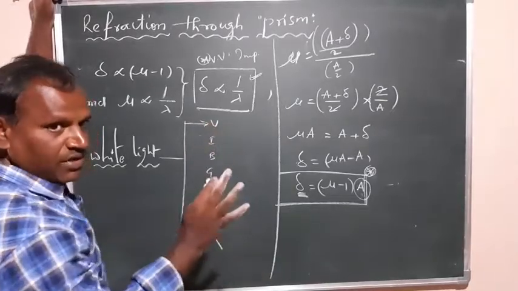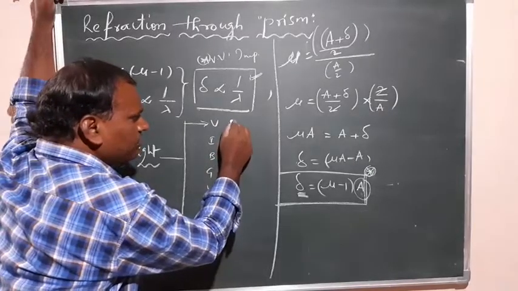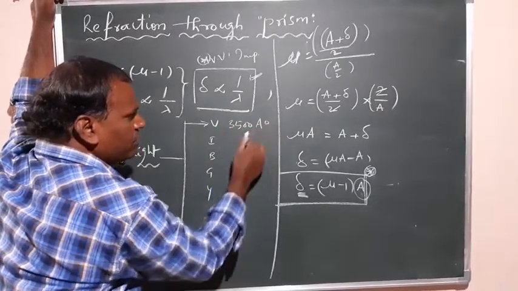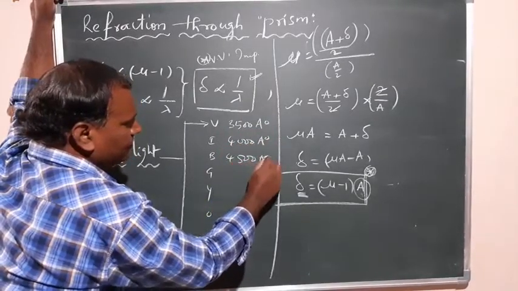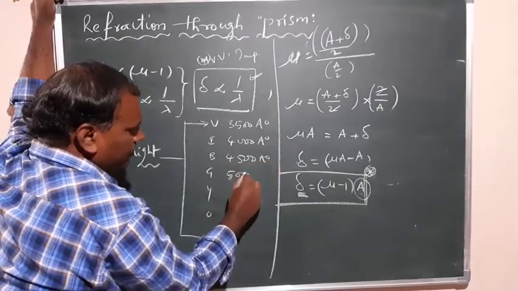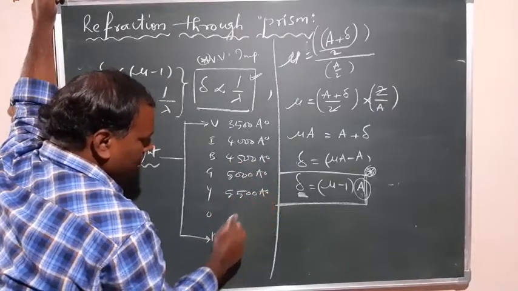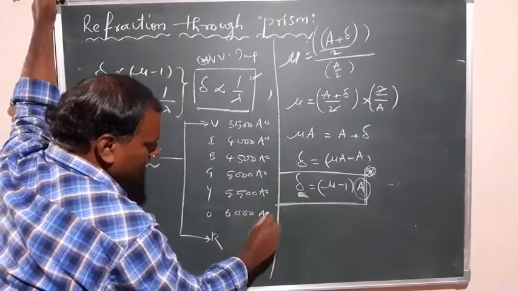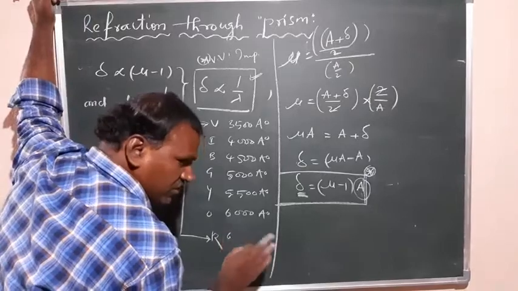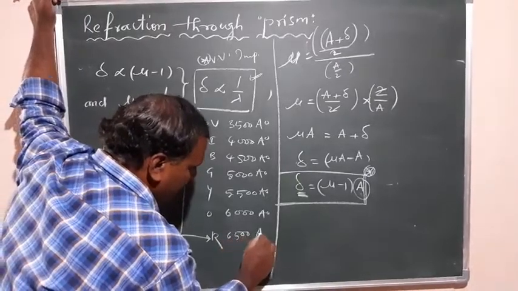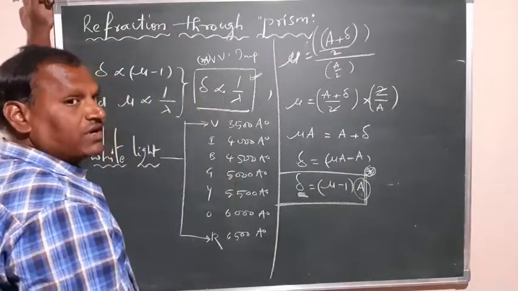I am writing the wavelengths approximately, not exactly: some 3500 angstrom units, this is 4000 angstrom units, this is 4500, this is 5000, this is 5500, maybe this is 6000, or maybe 6500, 7000, or 6800. Whatever it is, roughly 6500 angstrom units. So like this, you have the increasing order of wavelengths of the different colored lights.